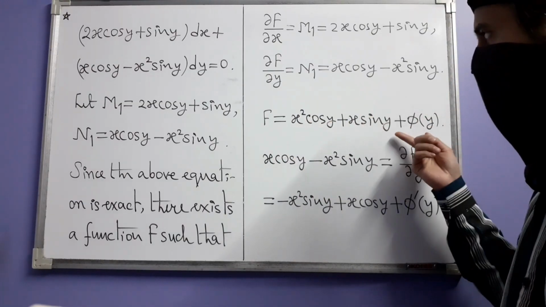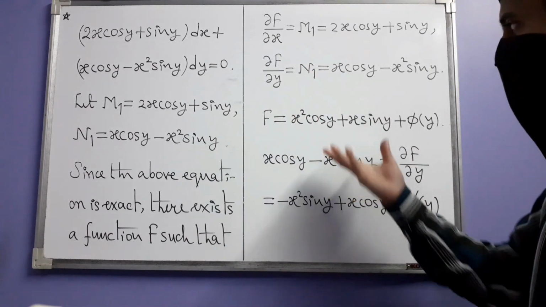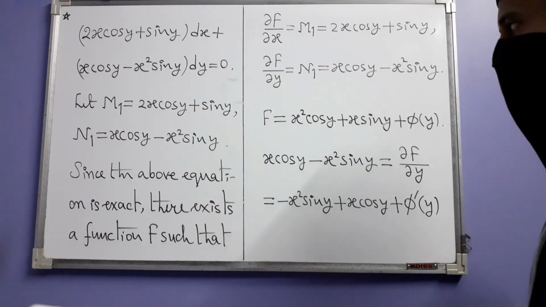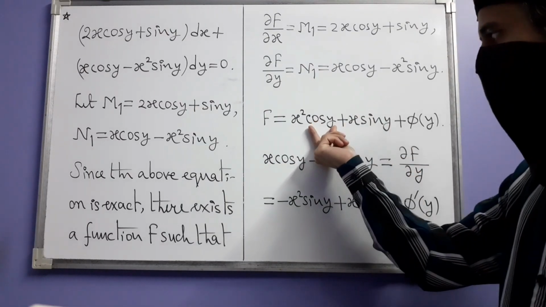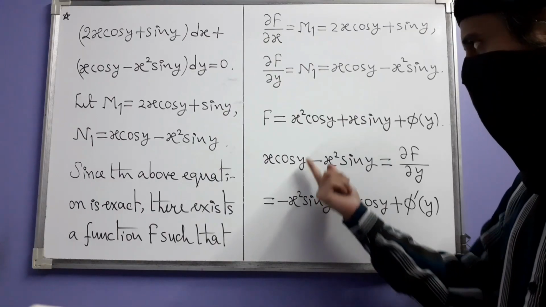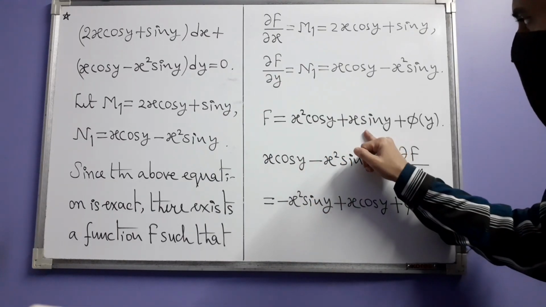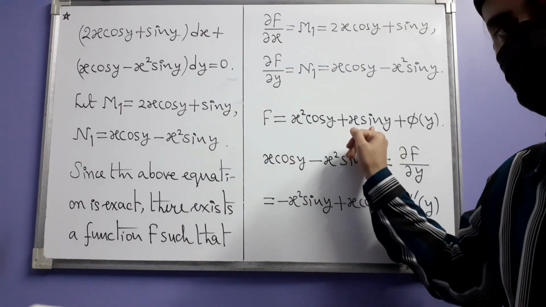So using this expression you can calculate ∂F/∂y. So you differentiate the right hand side partially with respect to y. Then x is constant. So this cos y will become -sin y, so that way you are getting -x² sin y. And this term will give you what? If you differentiate sin y, you are going to get cos y.